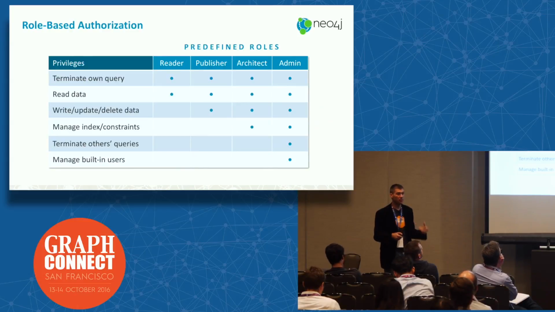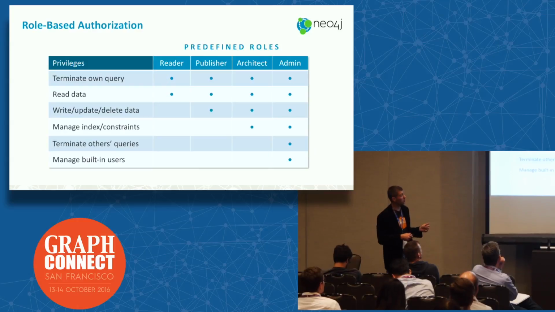They mean something to Neo4j. So if you're mapping to the reader role, that reader will have the ability to terminate their own query and will be able to read the data in Neo4j. But it will not have any other permissions. It will not be able to write or manage indexes or terminate other people's queries or even manage built-in users.